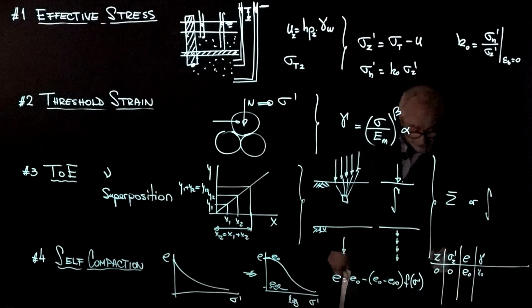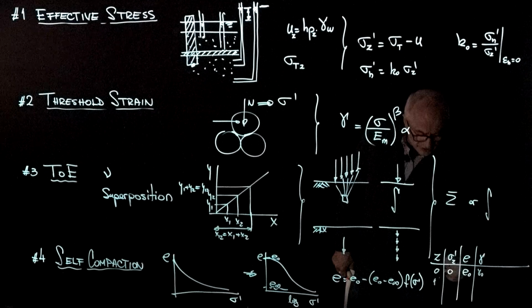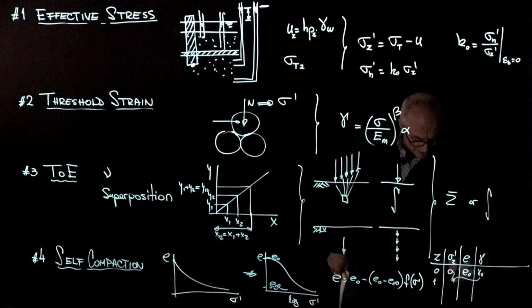Now we increase with the delta z. I go to the next depth. Let's say I go to 1 meter. And now at 1 meter, the effective stress will be the effective stress above plus delta z times gamma of the element above. So I use this gamma and the effective stress above to compute the next value of the effective stress here.